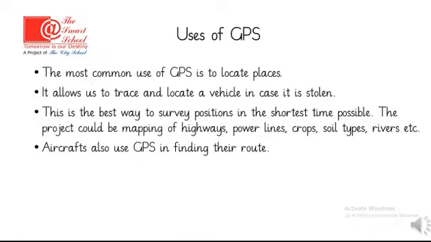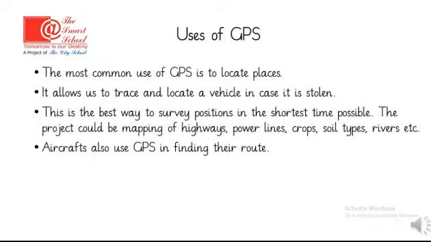What are the uses of GPS? The most common use of GPS is to locate places. Then it allows us to trace and locate a vehicle in case it is stolen. This is the best way to survey positions in the shortest time possible.